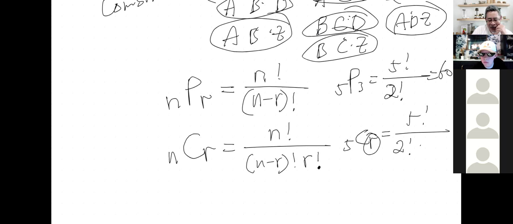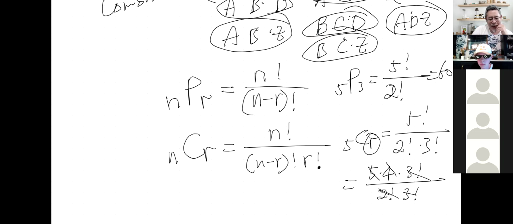So all we got here is 5 factorial, which is 5 times 4, then we got 3 factorial here. And the bottom is 2 factorial and 3 factorial, that cancel. And 4 divided by 2 is 2. So we got 10. Are we good on this one?